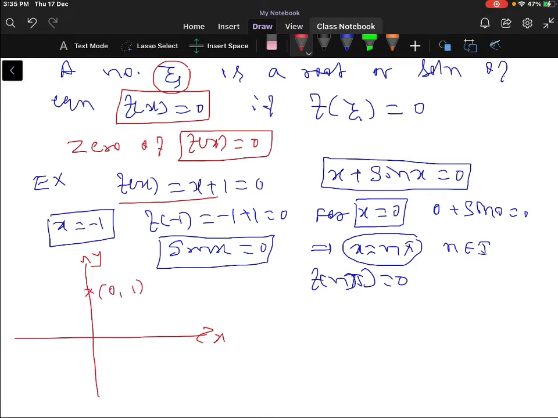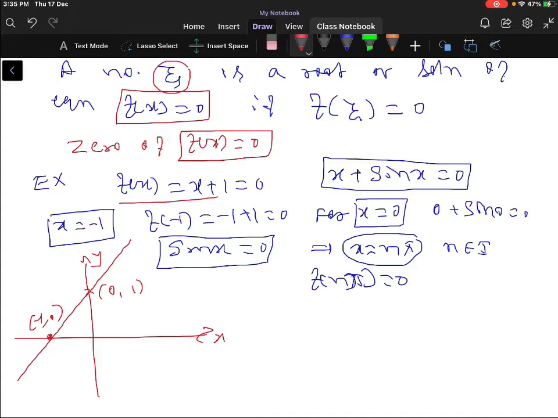This is 0 comma 1. At x is equal to minus 1, f of minus 1 is 0. This is minus 1 comma 0. So we can plot the graph of the function f of x is equal to x plus 1.